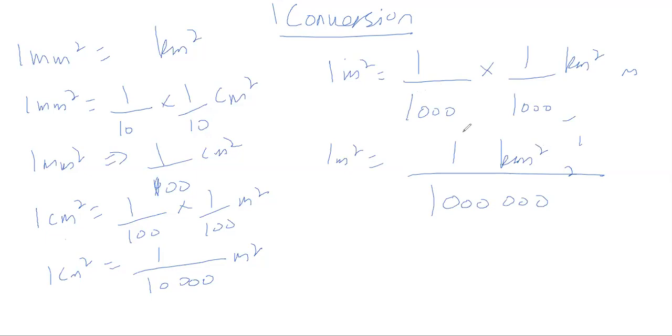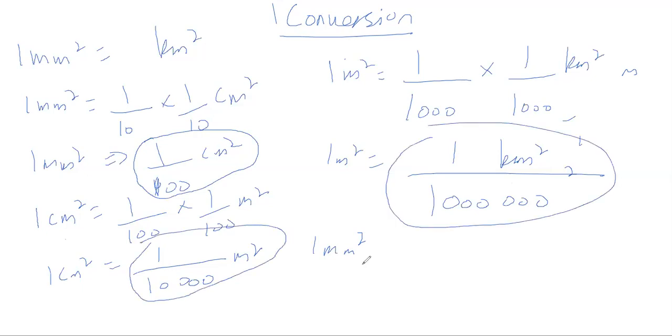Acha. Now we have reached kilometer square. Now our main goal was to go from millimeter square to kilometer square. So in order to do that, 1 millimeter square is equal to what? You need to just multiply these answers, this one and this one. So this becomes 1 over 100 multiplied by 1 over 10,000, sorry, multiplied by 1 over 1 and 6 zeros. Now multiply them.